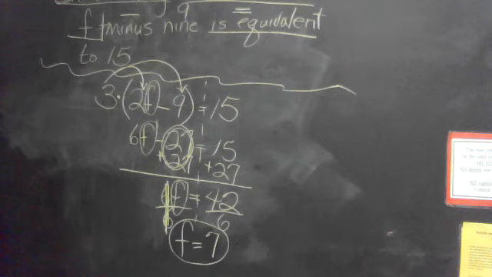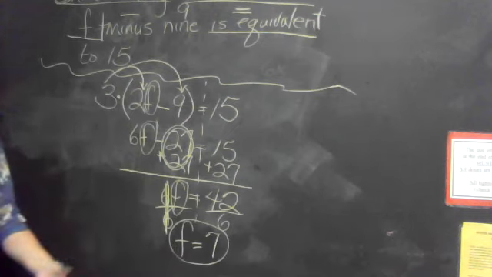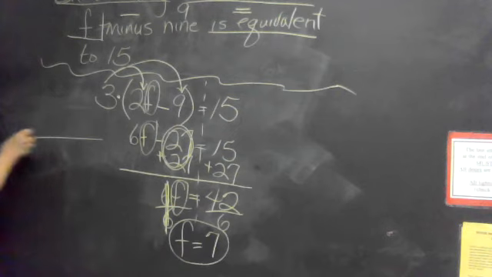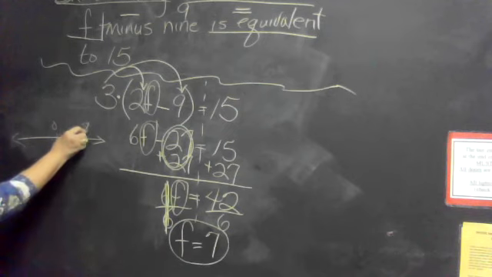Now I want to show you something. If they ask you to graph that, it's almost confusing because you're used to coloring in dots and shading and stuff, but this is not an inequality. So let's just make sure that you know that the graph of this equation is, we're going to do the same thing. 0 is a place setter and 7 is our important number.